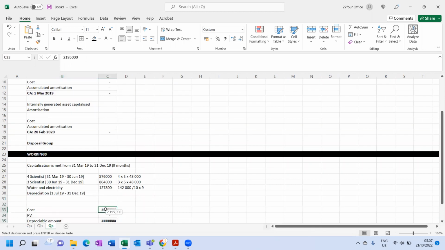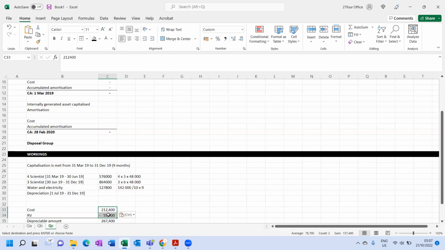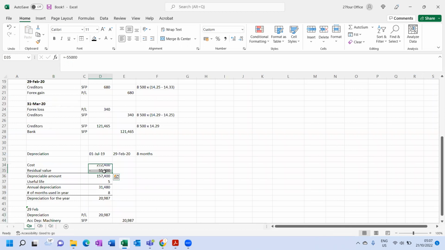I'm just going to paste it over here. I'll change this formula and make it positive as well, just for consistency.